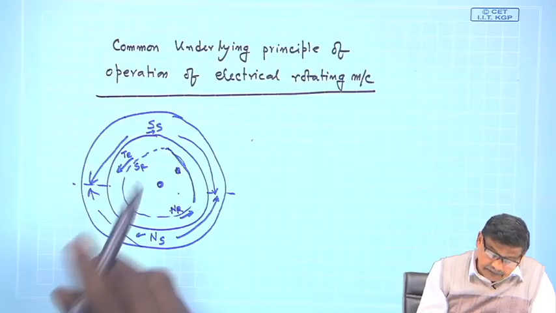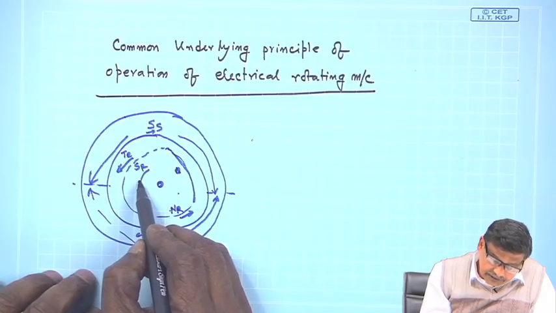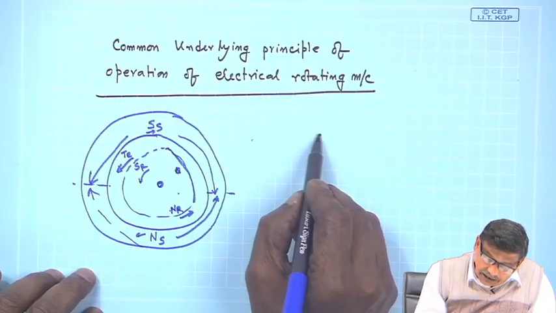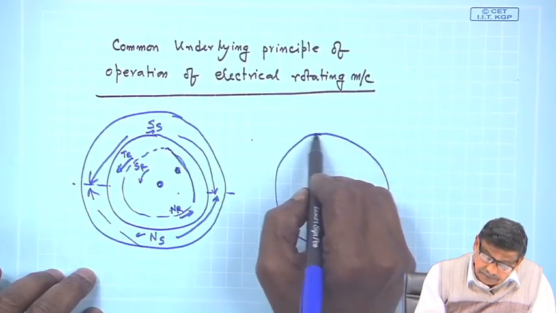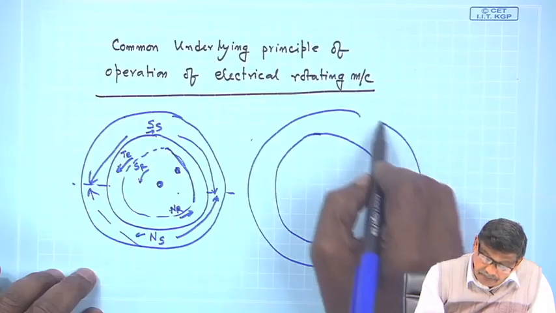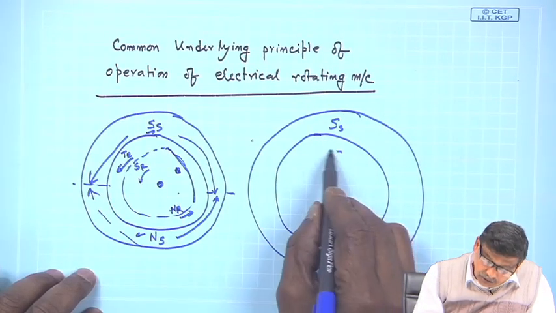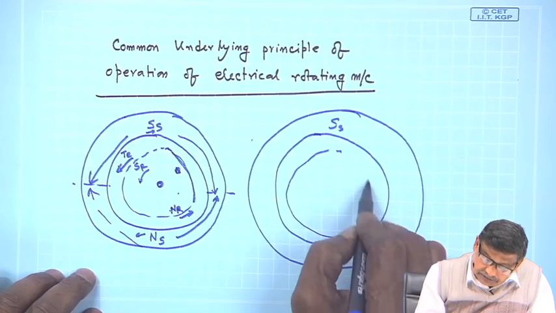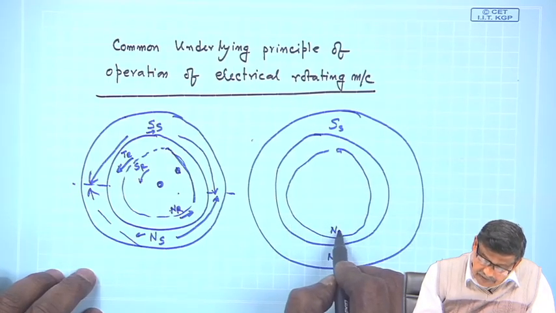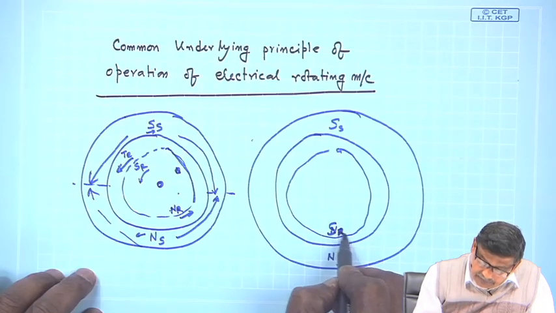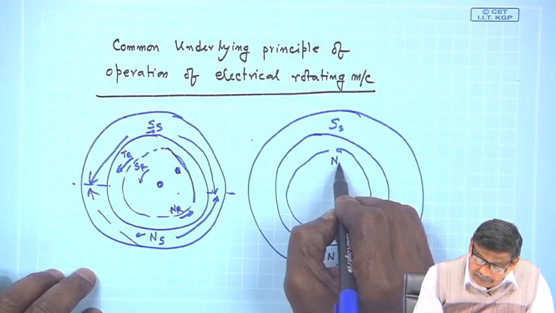What will happen? Rotor will start moving in this direction, it will go like this, but eventually what will happen is, this is SS, this is NS, rotor will come in this position, NR, I am sorry, SR will come here and NR will go there.